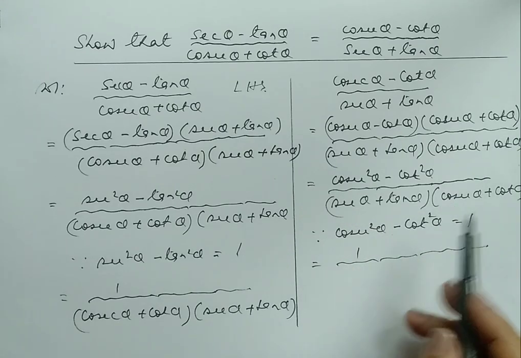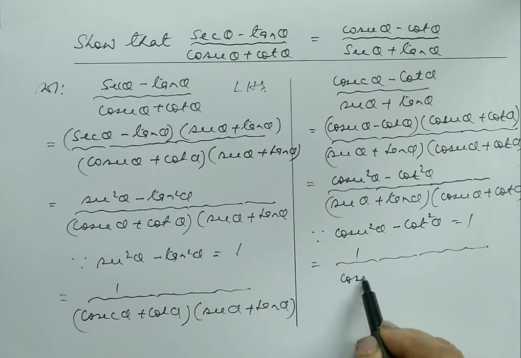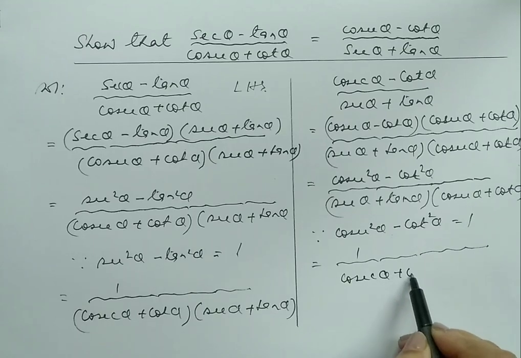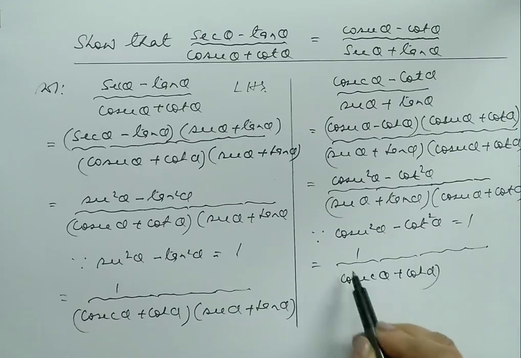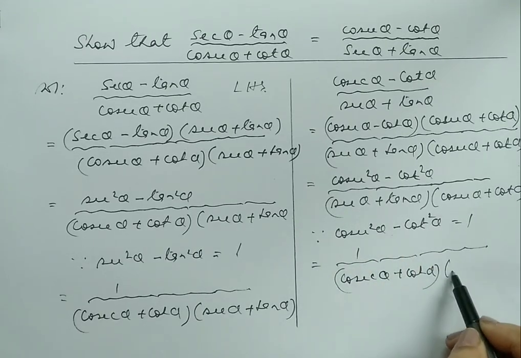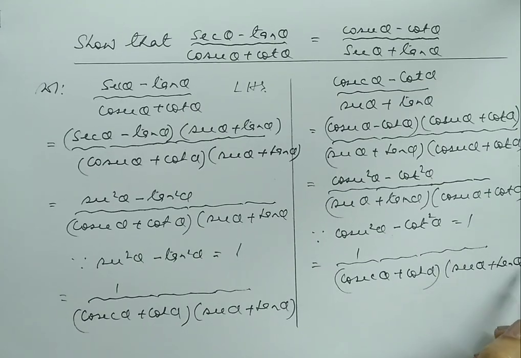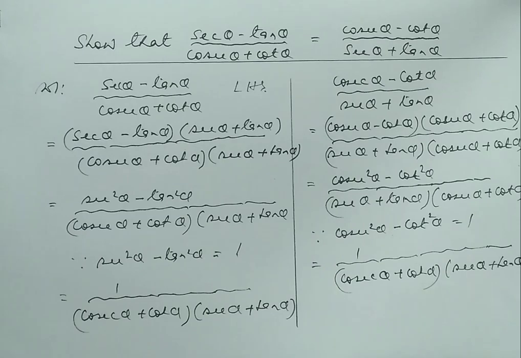So I'll write this first, cosec theta plus cot theta, and then this, sec theta plus tan theta. Got it? Why did I change it? Because I wanted it to be in the same order as the LHS is.